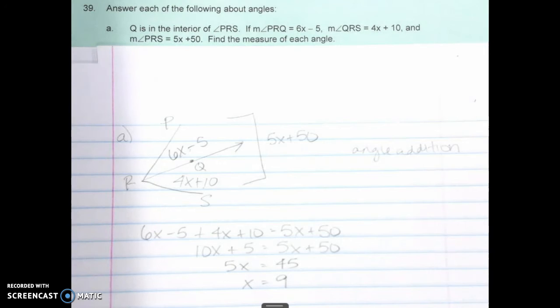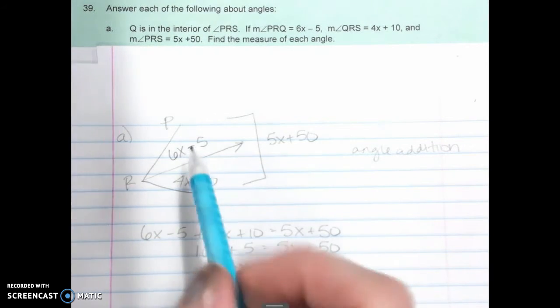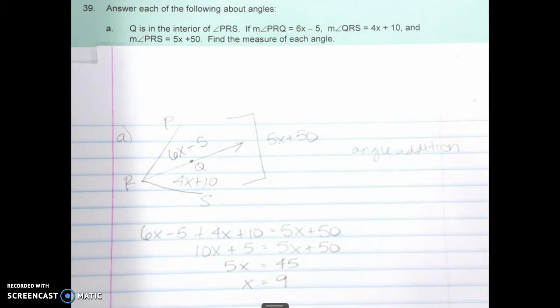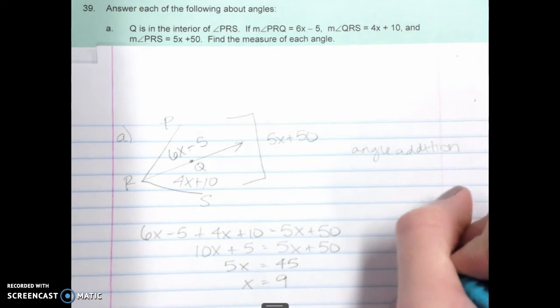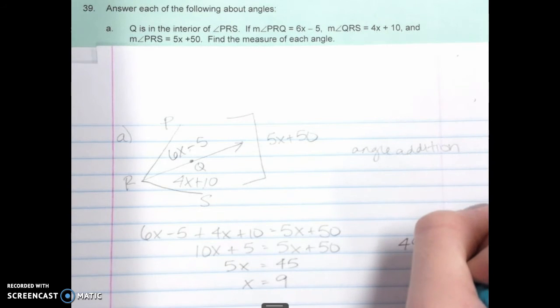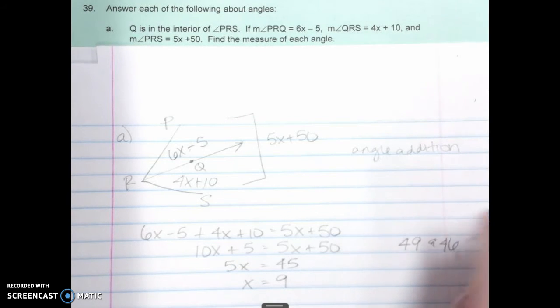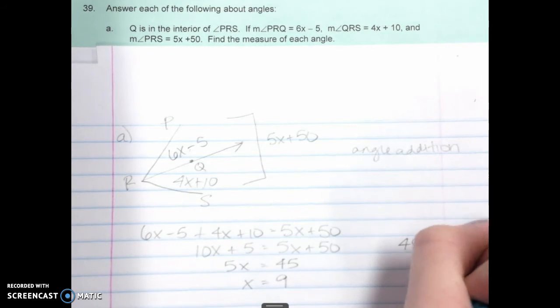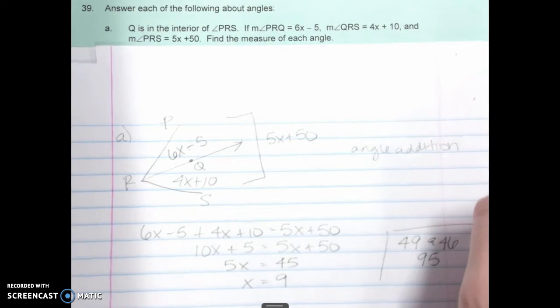And then it says to find the measure of each angle. So you would just replace that into all of these things. And your angles will be 49 and 46. And then the whole thing is 95.